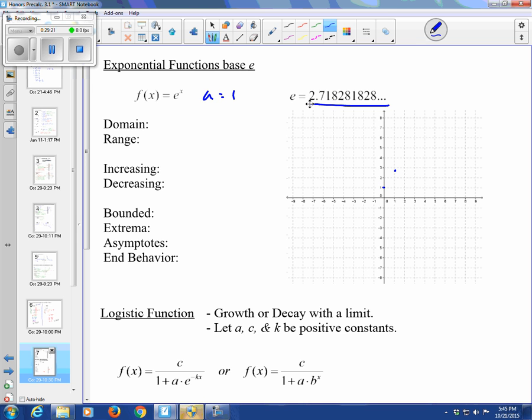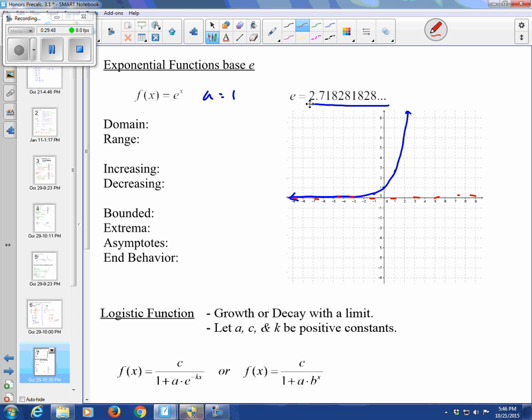And basically, that would be the reciprocal of this guy, which is a little bit greater than 1/3, right? So right here, graphing this, we would see a function that looks something like this. And if we analyzed it, we would see that exact same analysis of the exponential growth function. Why don't you guys go ahead and analyze this real quick yourselves, and we can go ahead and talk about the logistics function from here.